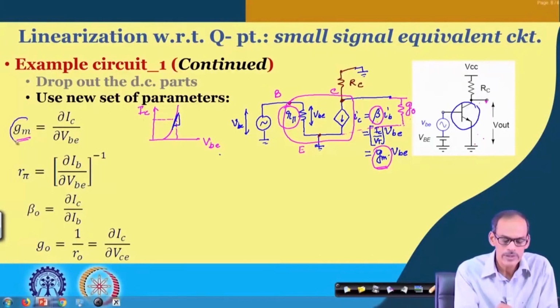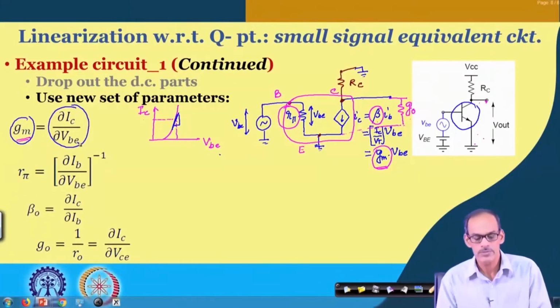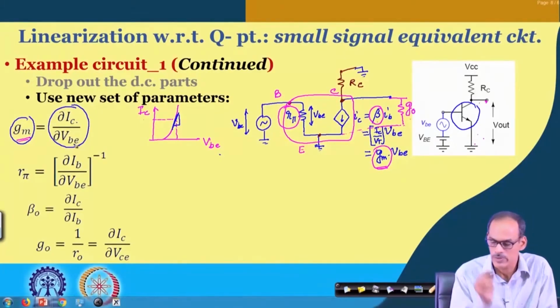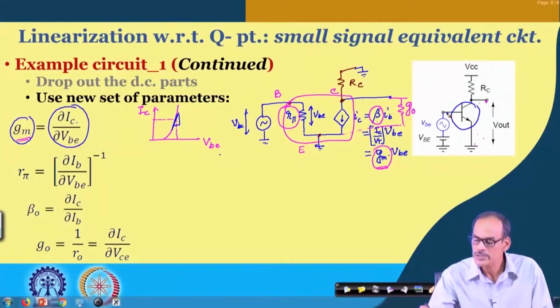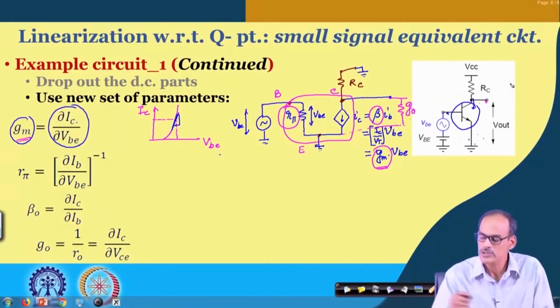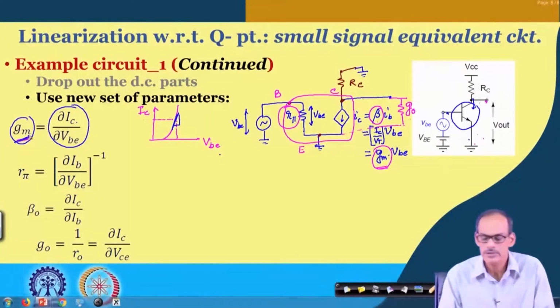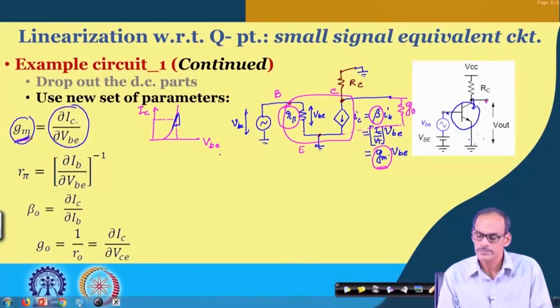So, the transconductance is defined as the change in collector current with respect to the change in V B E voltage. Note that this is capital I, small c, and this is capital V, small V B E. If we vary this base to emitter voltage, whatever variation of the current we observe, keeping the rest of the things constant, this relationship is represented by G M, the transconductance.